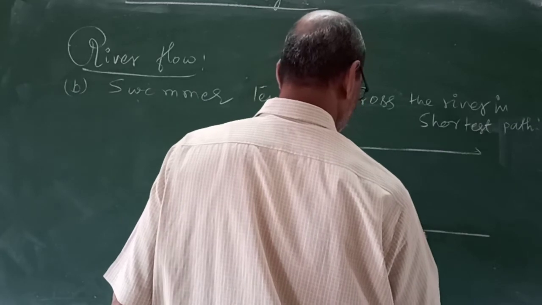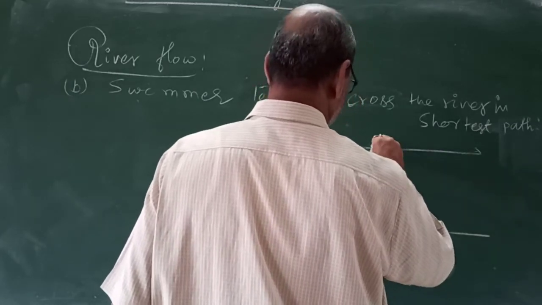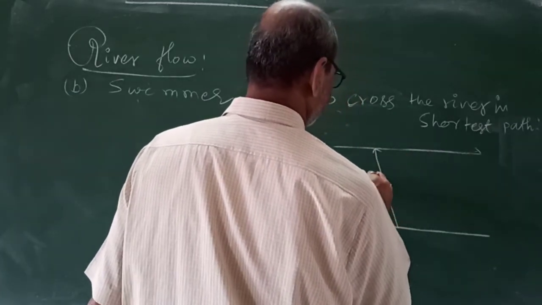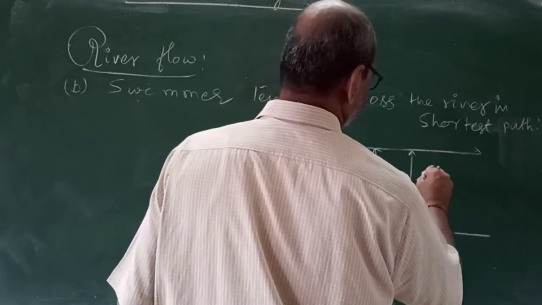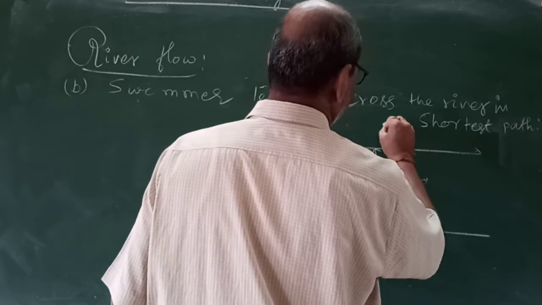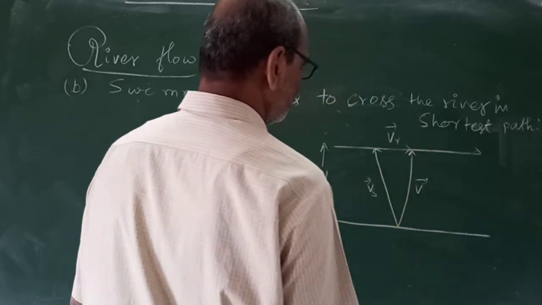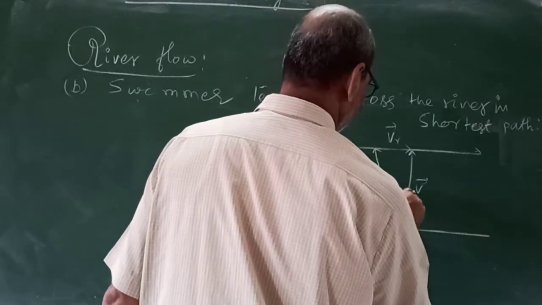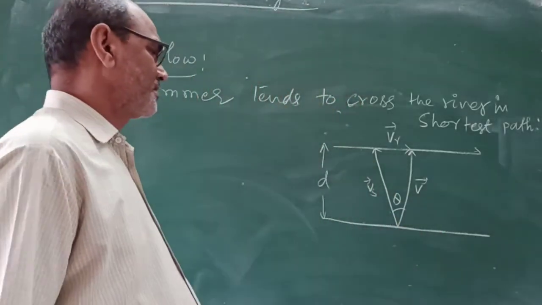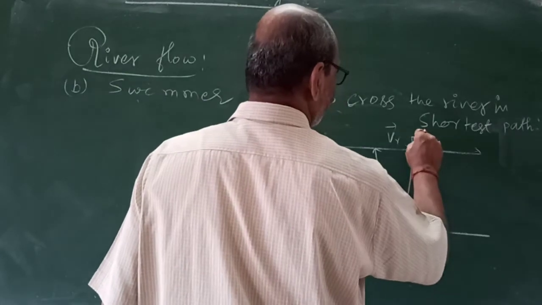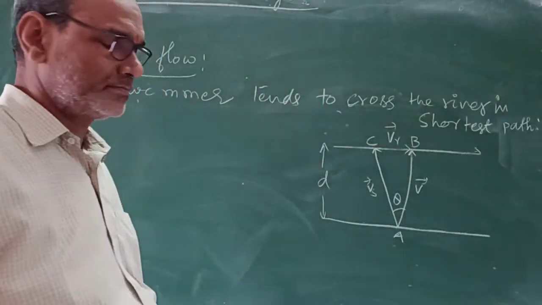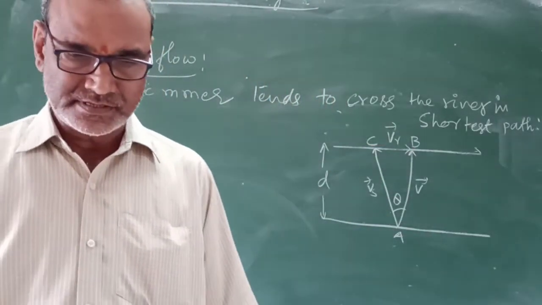Suppose the swimmer jumps into the water, Vs. V is the resultant velocity and Vr is the velocity of flow of river water. This one is the angle theta. Now we give the names A, B, C. Is it clear?